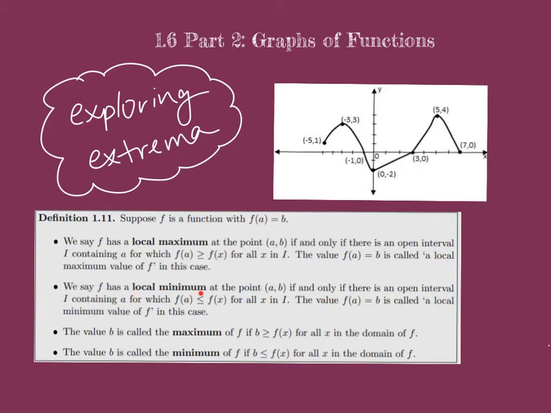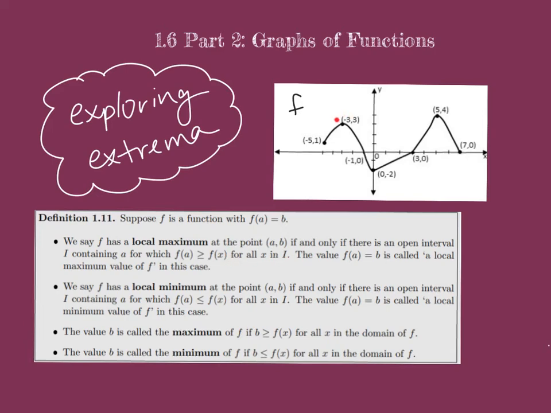So local extrema, local max and local mins, we say that our function f, we'll call this f, has a local max at a point (a, b), our coordinate point, if there's an open interval I, some small interval around it, containing a, where the point is located, for which that y value, f of a, is greater than all the other y values in that interval.